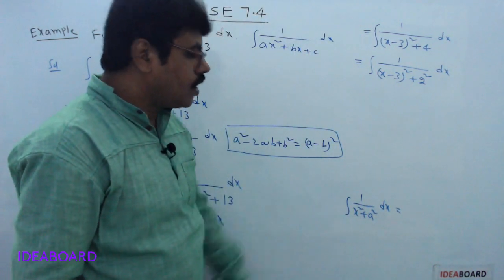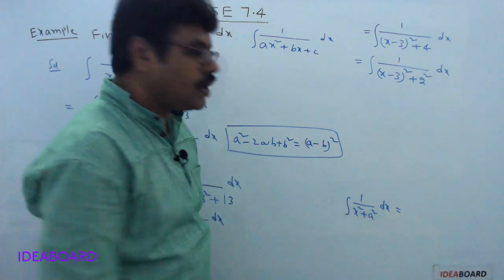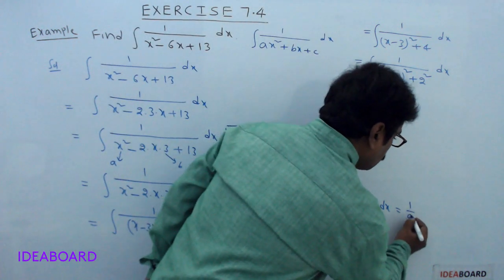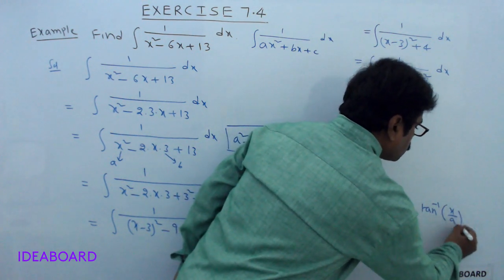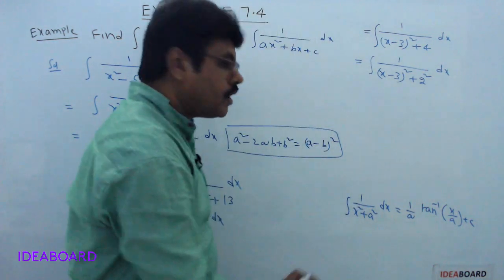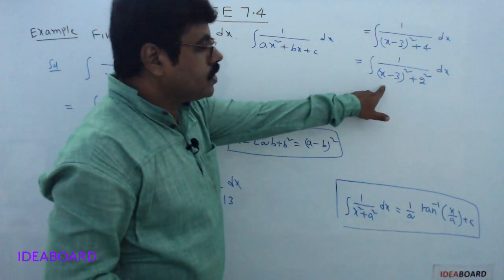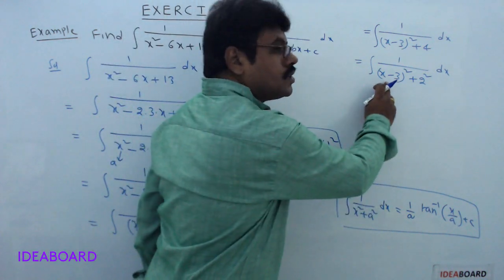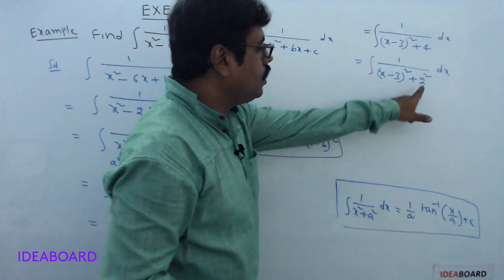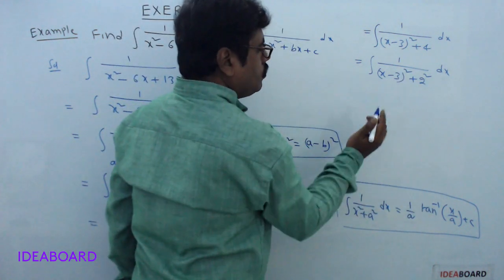What is the formula of integral 1 divided by x square plus a square dx? It is 1 by a into tan inverse of x by a plus some constant c. Now if you compare this with this formula, instead of x, x minus 3 is there, instead of a, 2 is there. So apply this formula on this term.